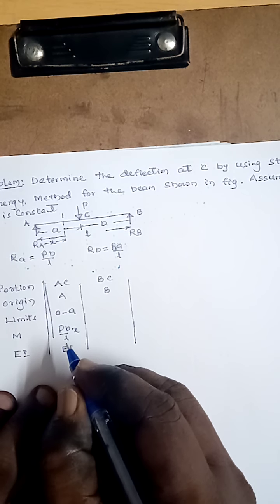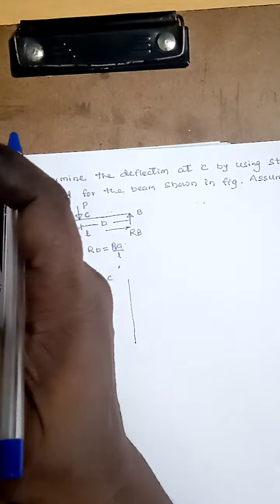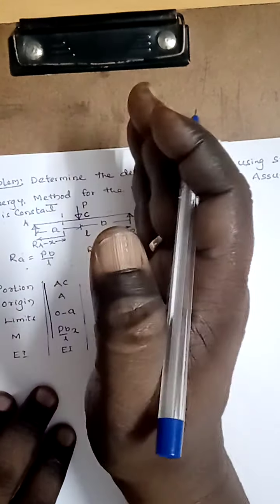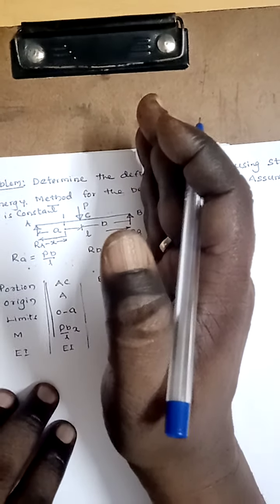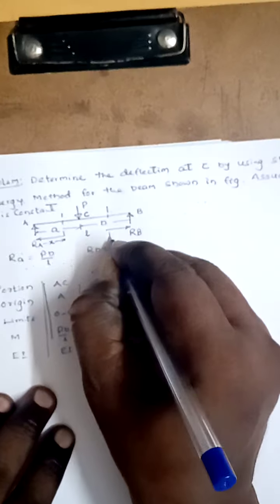Then in portion BC, you may consider the left part to calculate the bending moment, or you may consider the right part. Now I will consider the right part of the section line.